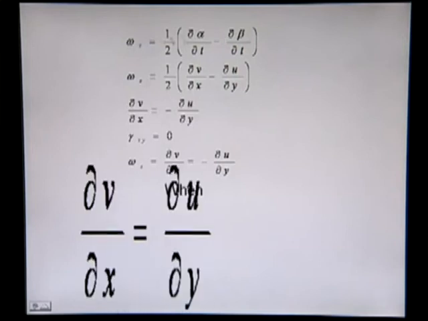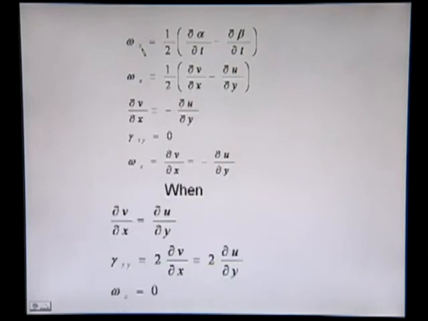So by this definition, omega z, the rotation about the z axis at point A, is equal to 1 over 2, because it is the angle included by sides AB and AD, 1 over 2 of delta alpha over delta t minus, because this is moving in the other direction, delta beta over delta t.